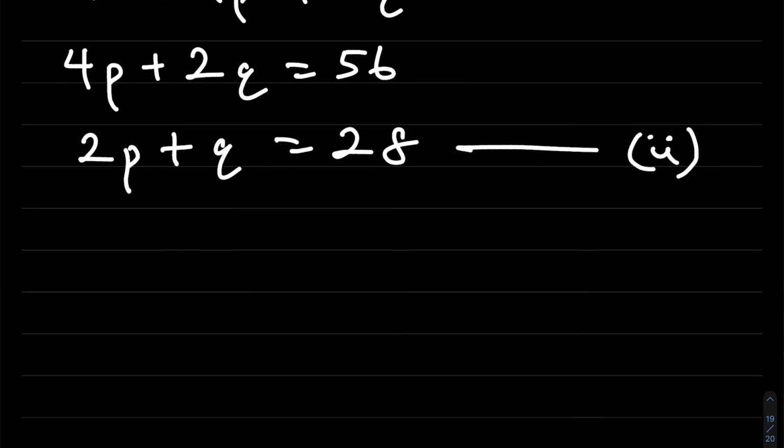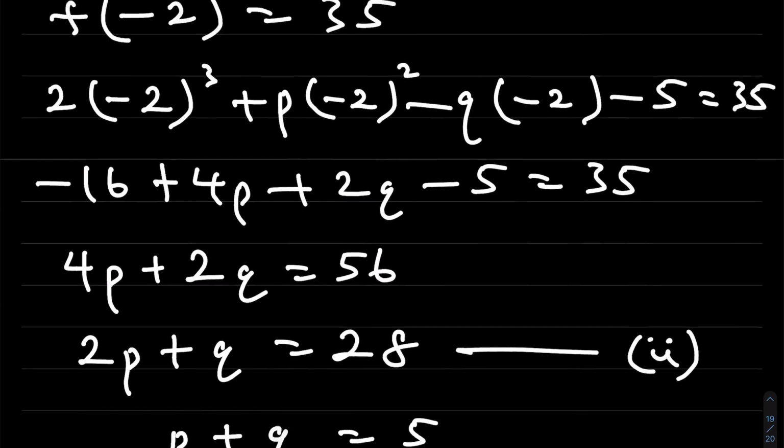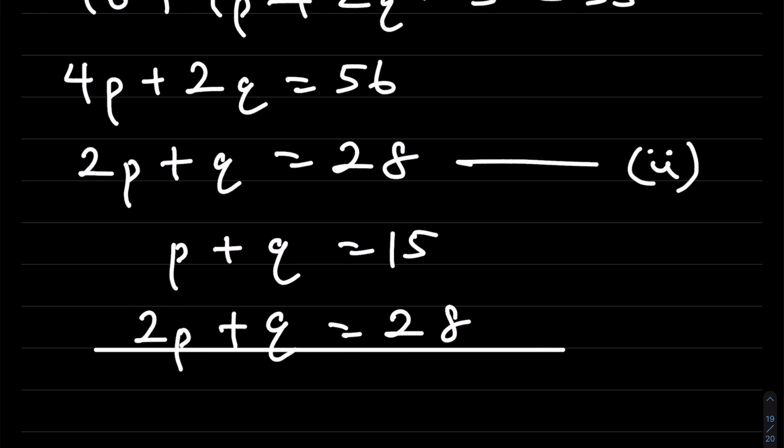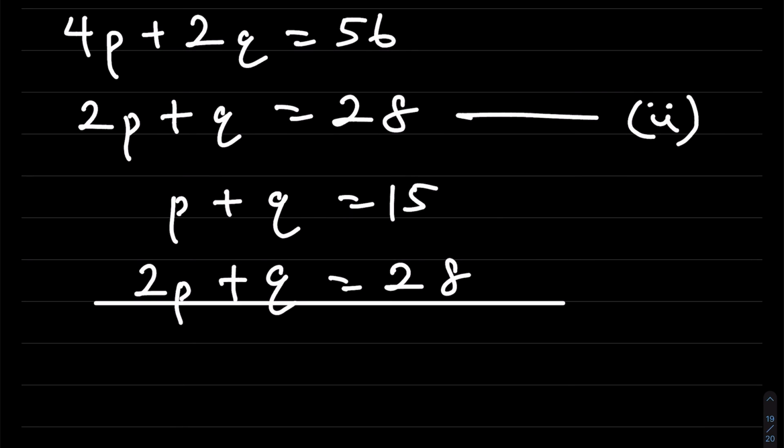Equation 1 is p plus q equals 15, and equation 2 is 2p plus q equals 28. The coefficients of q in the two equations are already the same, so I can just eliminate q first. p minus 2p is minus p, and q minus q is 0.